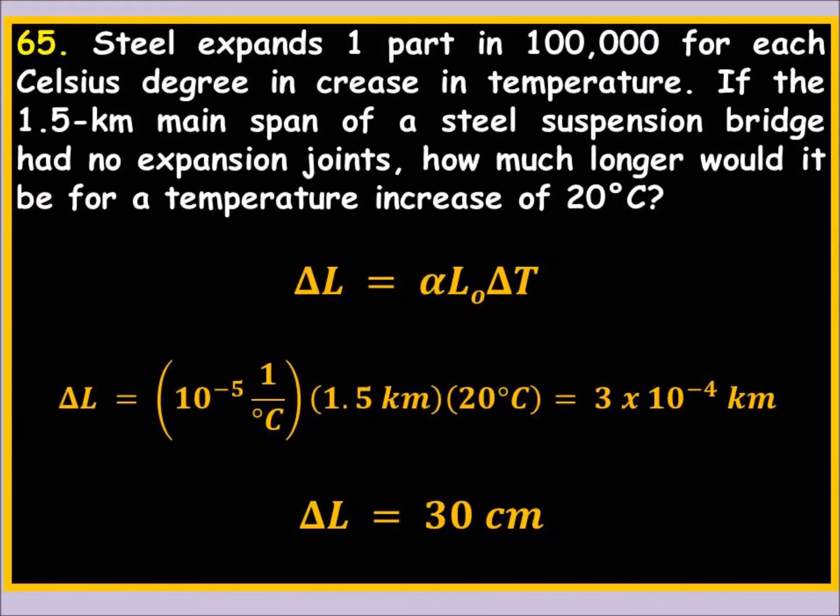Gosh, man, that's an awful lot. That's a third of a meter. That's like a foot. So you can see why you have expansion joints in bridges. So excellent example of civil engineering and coefficient of linear expansion. Excellent problem.